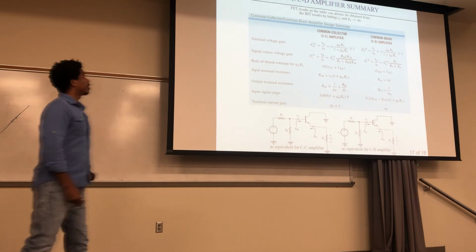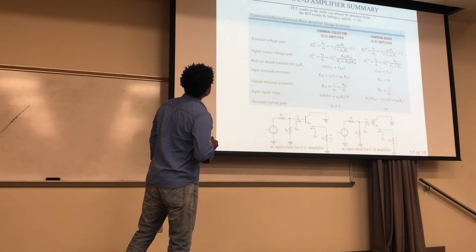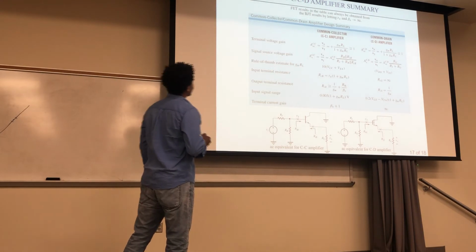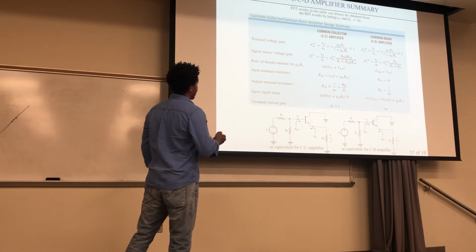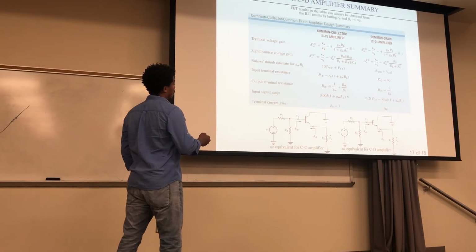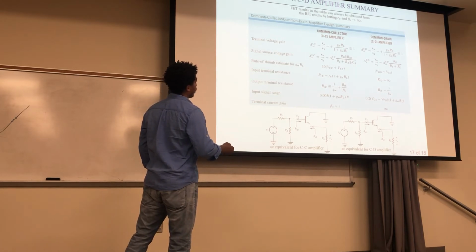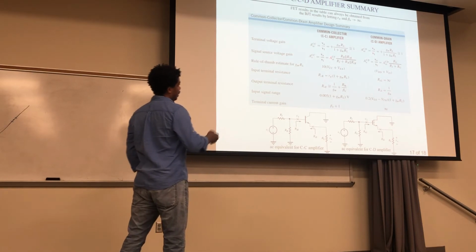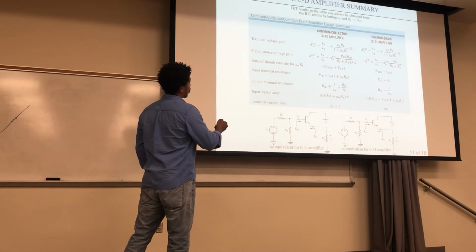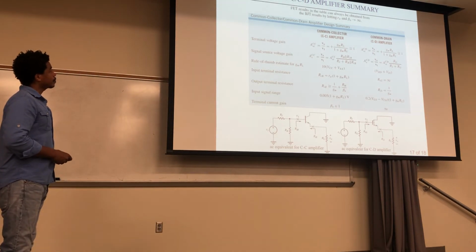Now, in summary of the things we just talked about, the FET results in the table can always be obtained from the BJT results by letting R pi and beta 0 go to infinity. Here's what we have for the common collector, here's what we have for the common drain, and these results can be easily attained from these by making the approximation that R pi and beta 0 go to infinity.